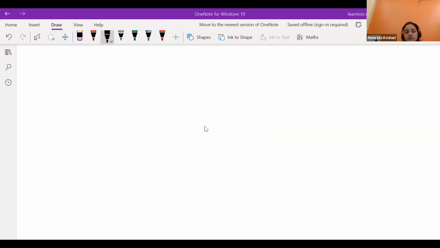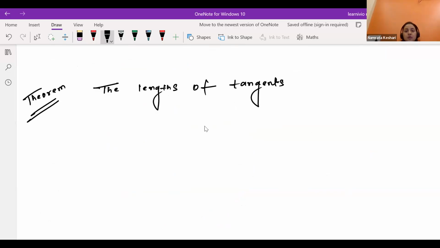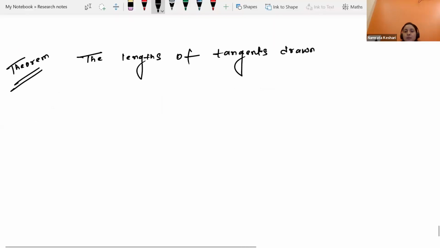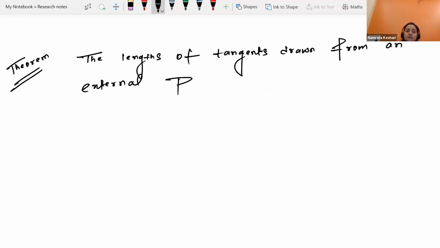Now there is a theorem which says that the lengths of tangents drawn from an external point to a circle are equal.